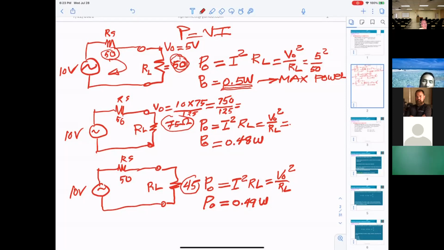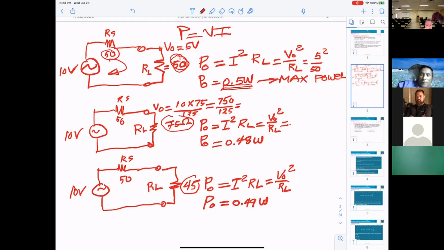So when you connect your power amplifier to the speaker, make sure you know the output resistance of your amplifier and the input resistance of your speaker.